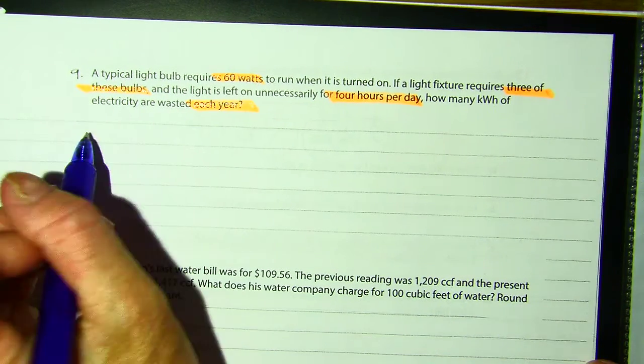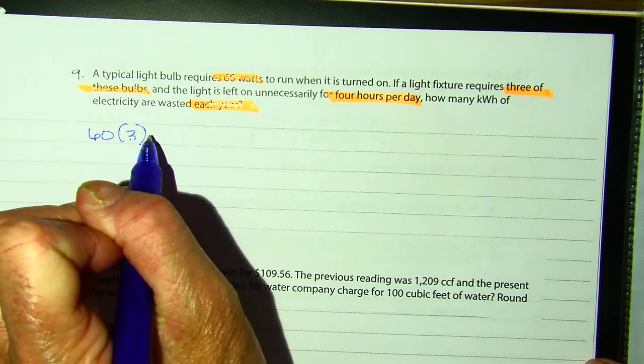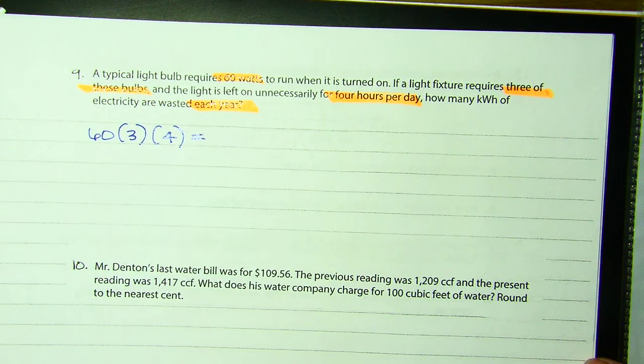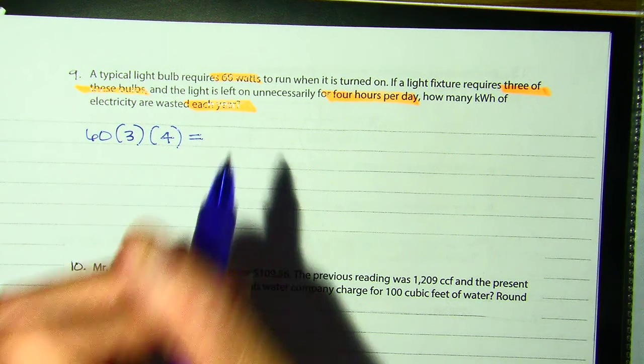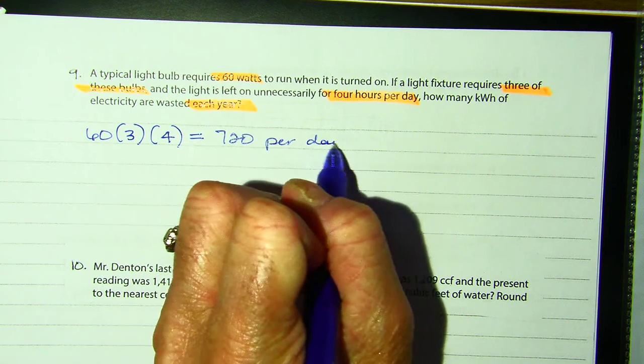So let's figure out. I have 60 watts times my 3 bulbs, and I leave it on for 4 hours. And so I get 720, and that's per day.